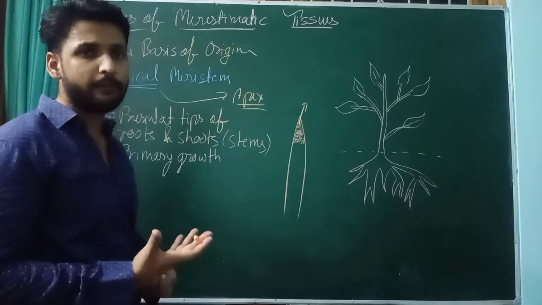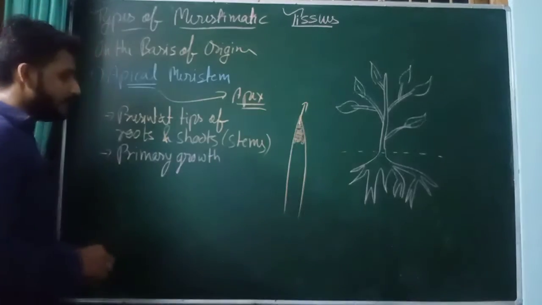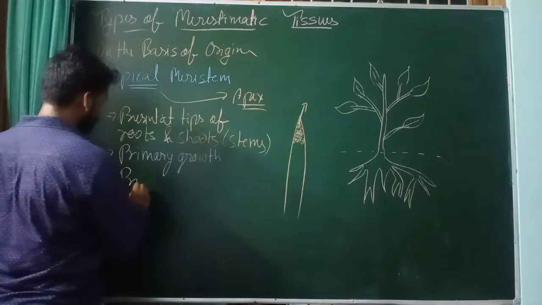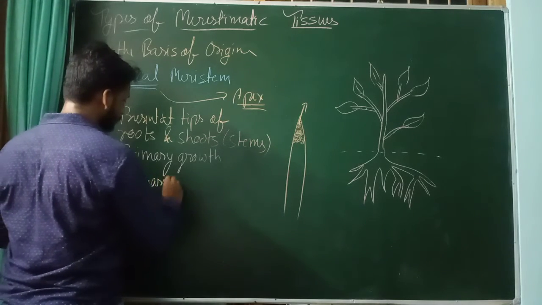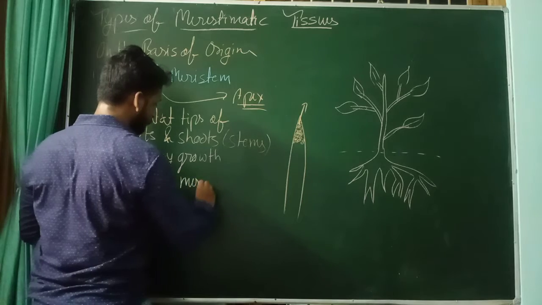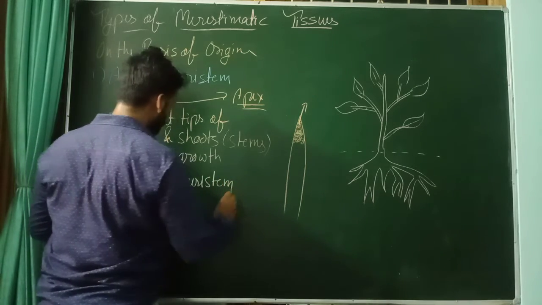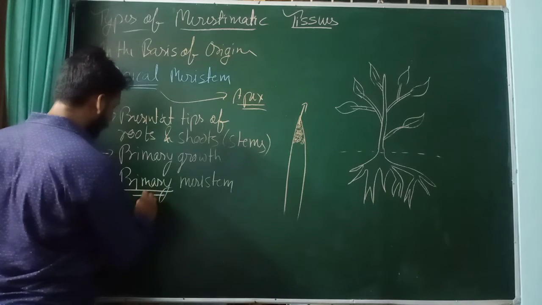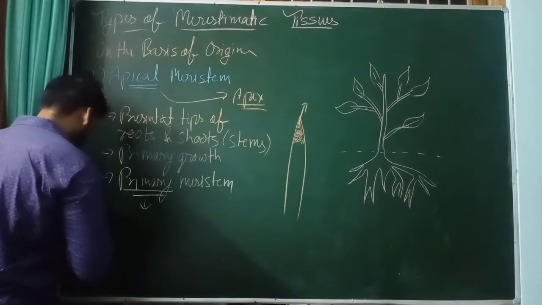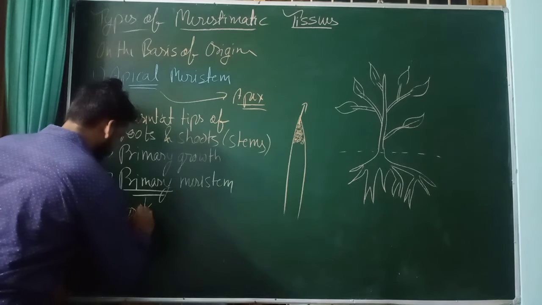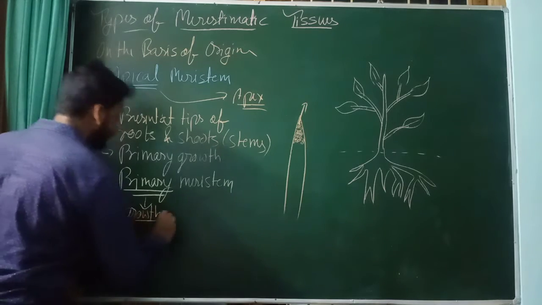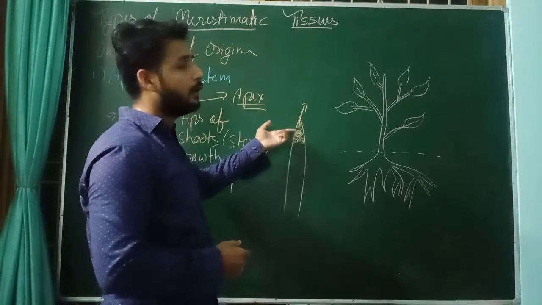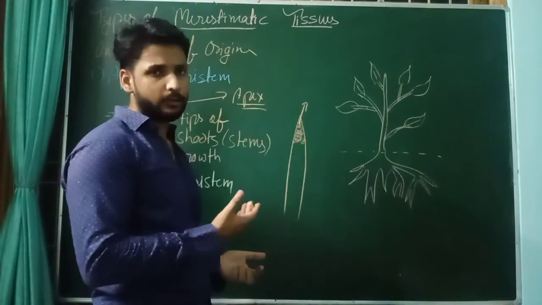They are responsible for primary growth, and hence it is also known as primary meristem. It is responsible for primary growth, the increase of root or shoot length. Got it?